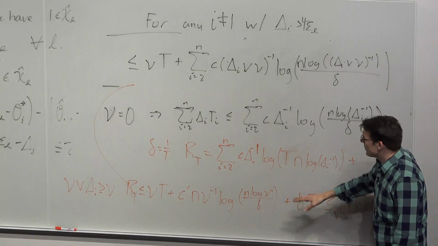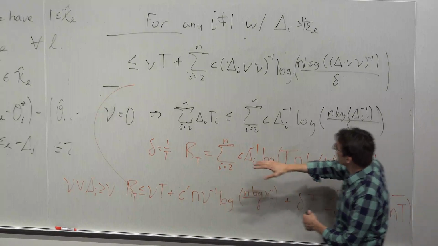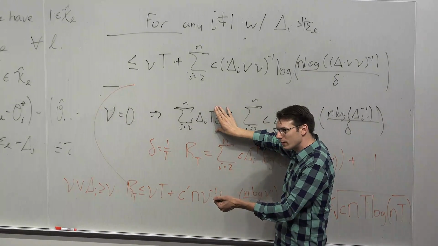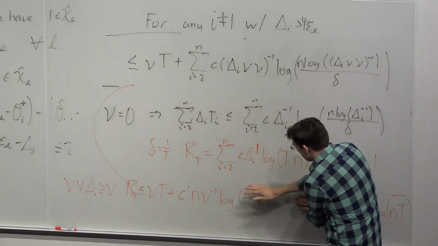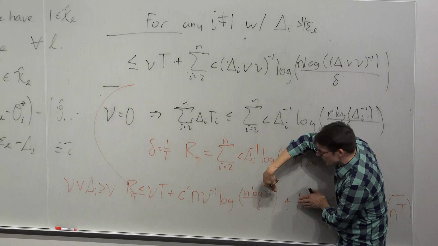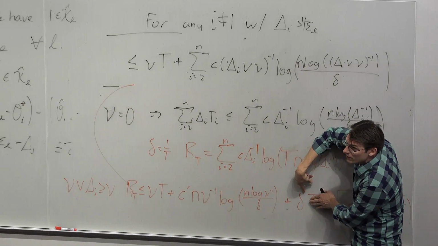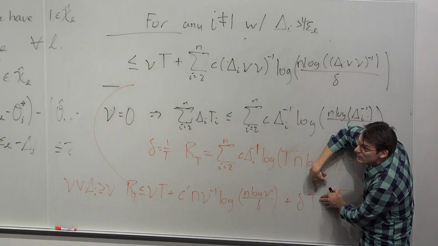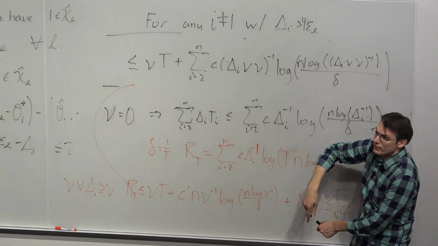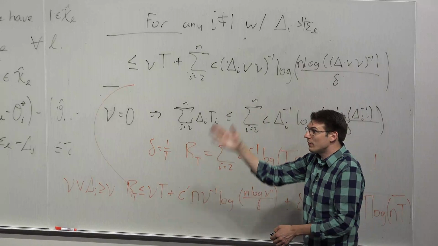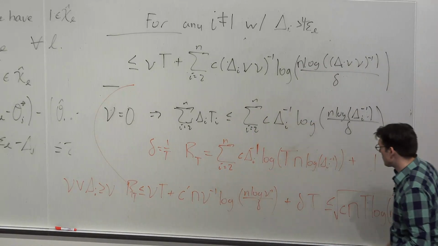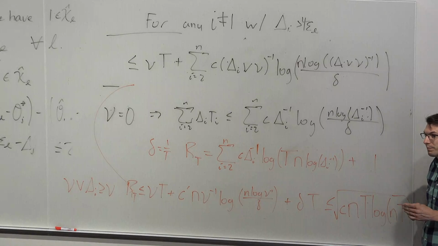And then I do my expectation trick: this holds with high probability on my event E holding, and the probability of my event E failing is less than delta, and if the event fails, I incur regret at most T. So the expected regret is the regret if the event holds plus the regret if the event does not hold. And so I just put in delta equal to 1 over T.